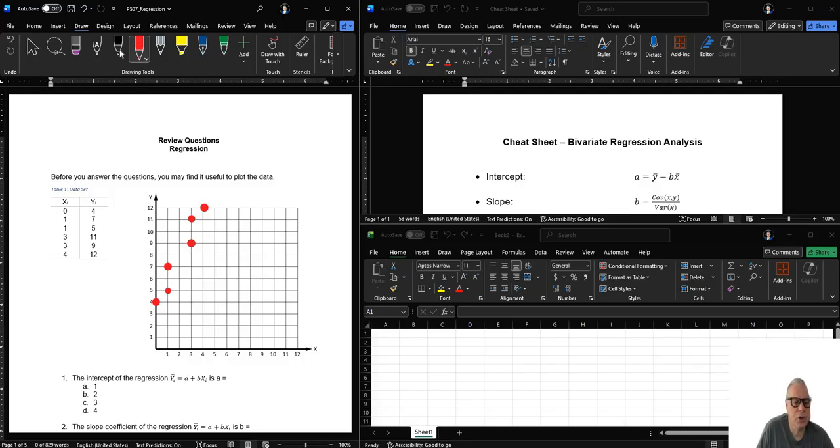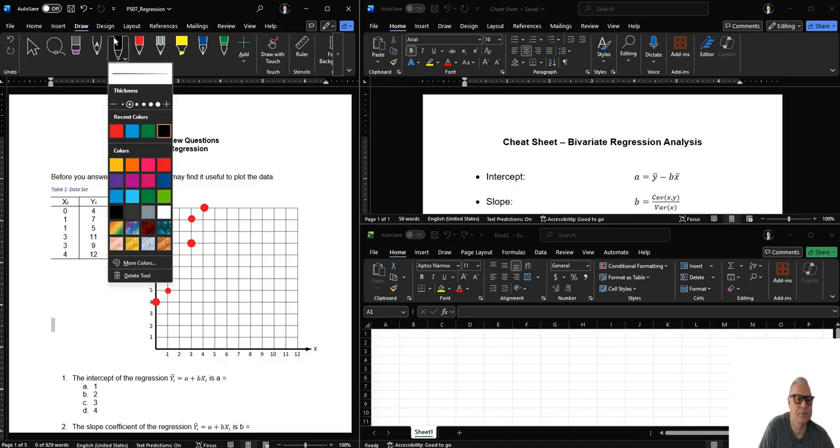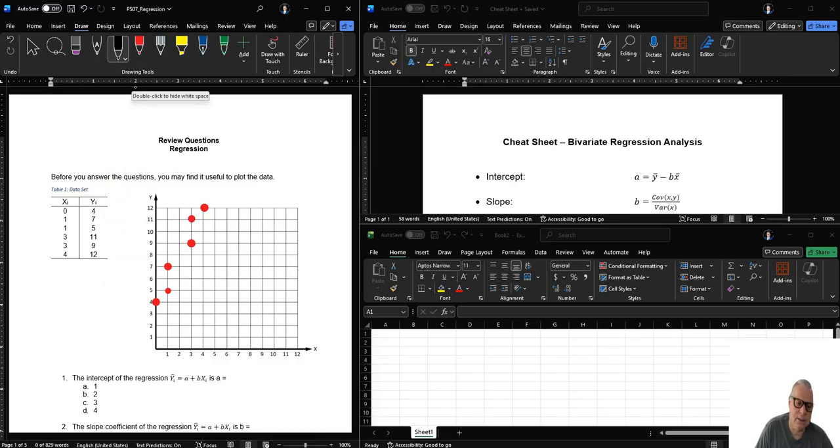Okay, so if we were supposed to draw a line of best fit, we can obviously already tell that this scatter plot has a positive linear relationship. Even without going through the math, we probably will see that the line of best fit starts at 4 and has a slope of 2.